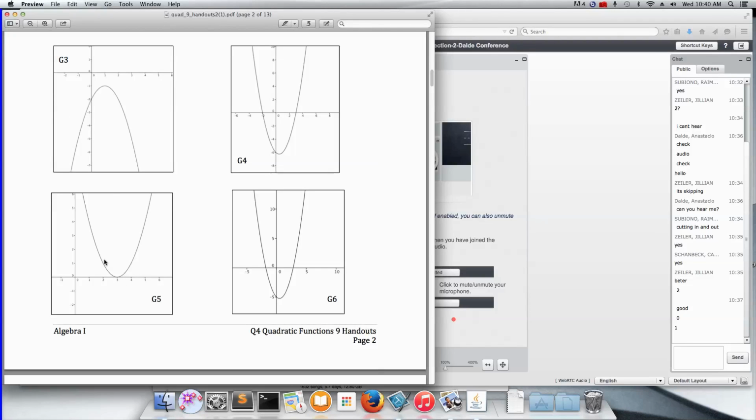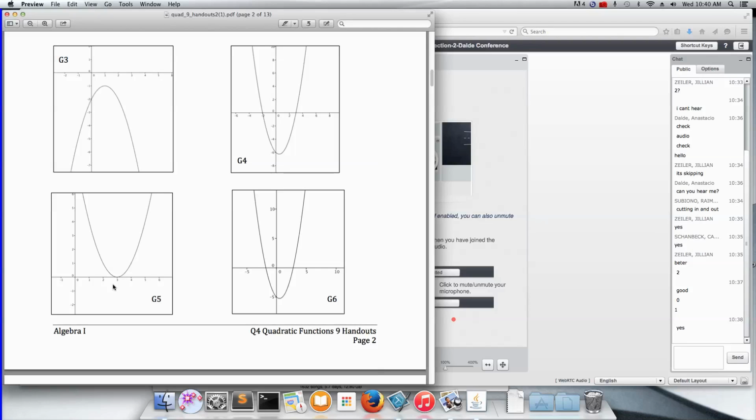How many times does this parabola touch this horizontal axis? That's what I'm asking. And my answer is it touches it once. It just kind of comes down and kisses it and then comes back up. I didn't ask how many times it crosses the x-axis. I asked how many times it touches, and in this case it only touches once. Does that make sense to you?